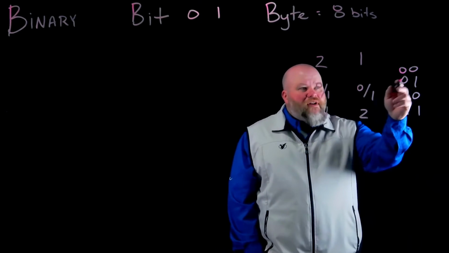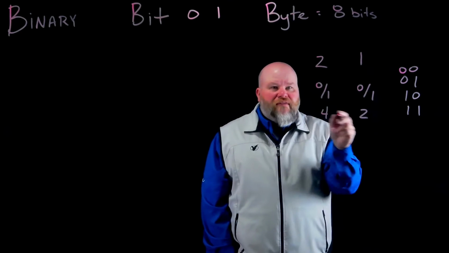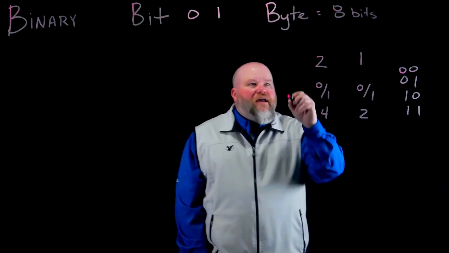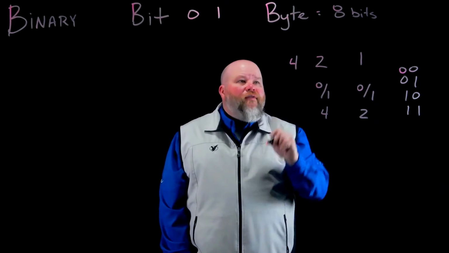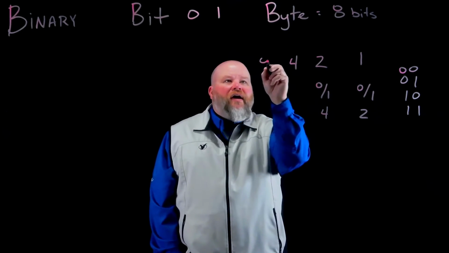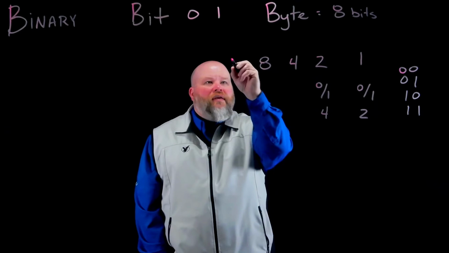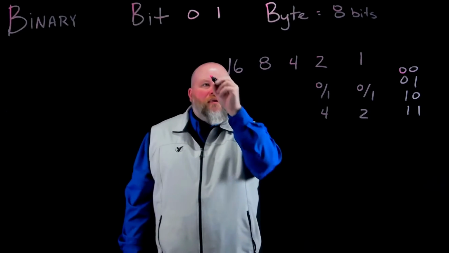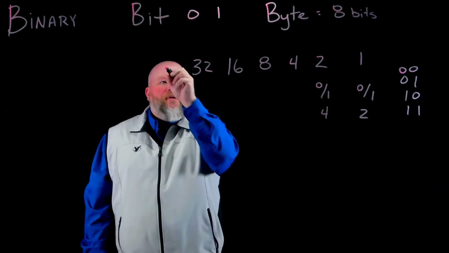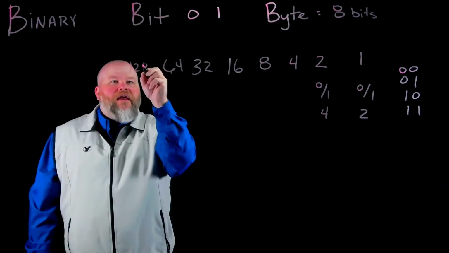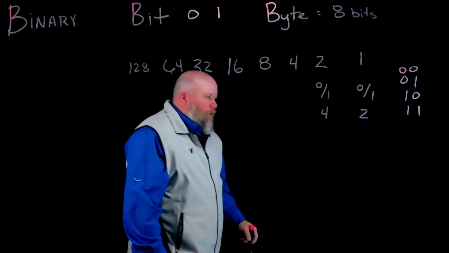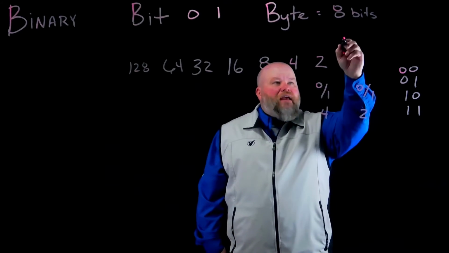So we can see 4 different total combinations of those 2 bits. Our next value, because we're going to double it every time, is 4, followed by 8, 16, 32, 64, and 128. So that is our 8 bits within a byte.